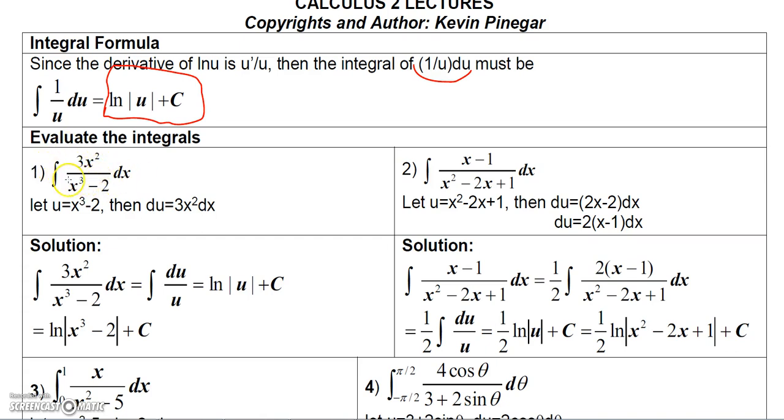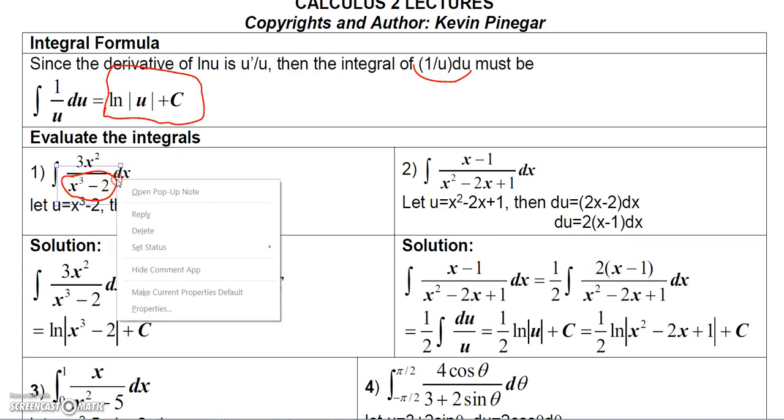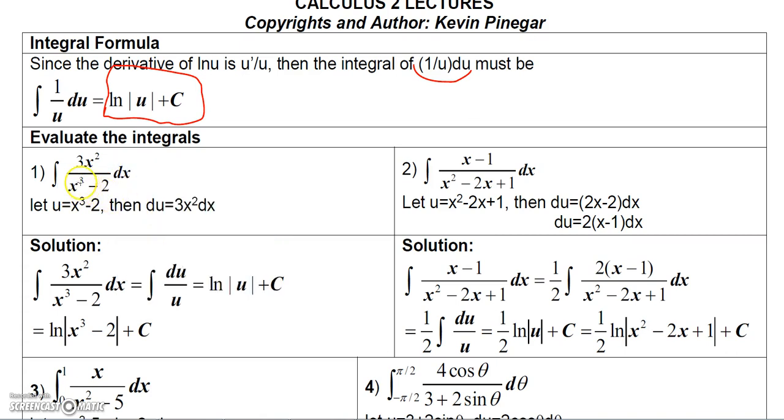Now what I want you to notice down here is that the denominator is not raised to a power. If it was raised to a power, we would probably use the power rule, but in this case, since u is just x cubed minus 2 to the first power, we can let u equal x cubed minus 2, and then notice that du would actually be the numerator. So du would be 3x squared dx.